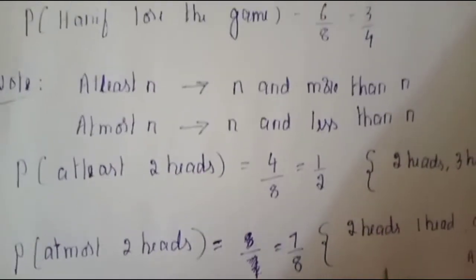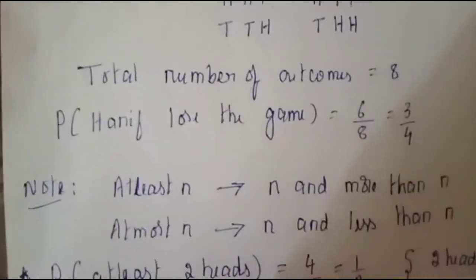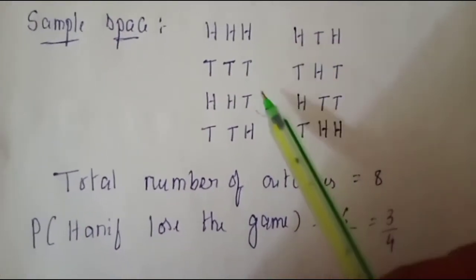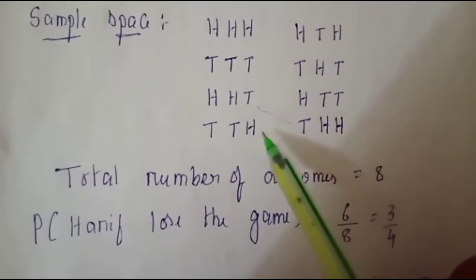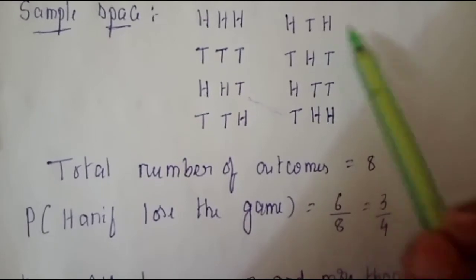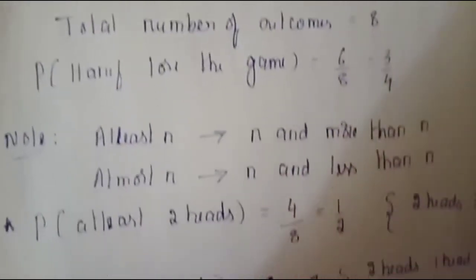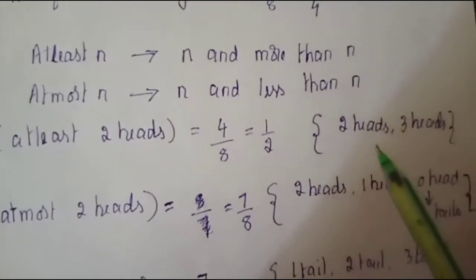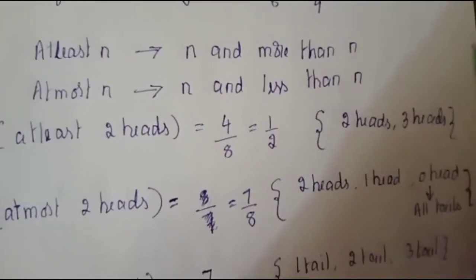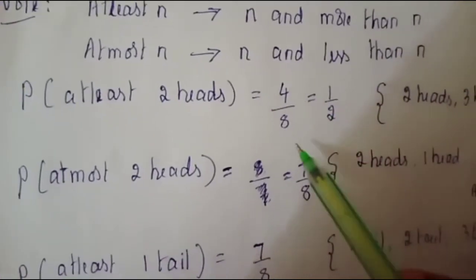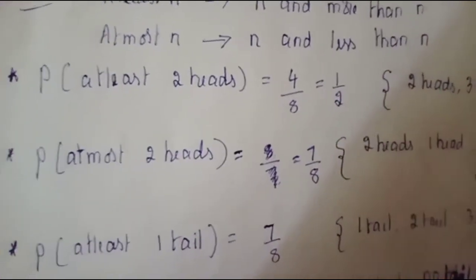So let us see how many you have with 2 heads and 3 heads. This will not be counted because you have 1 head here. So total 4. So 4 by 8. Wherever you have 2 heads and 3 heads, out of 8 outcomes, you have to add all those. So we get 4 by 8, that is 1 by 2.